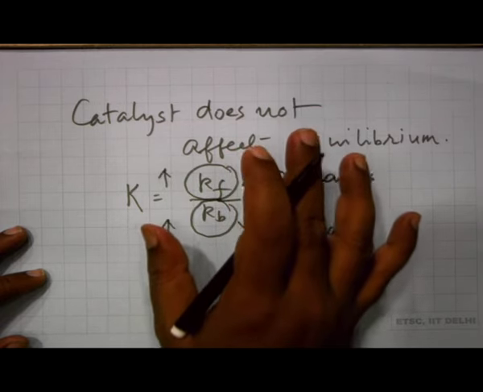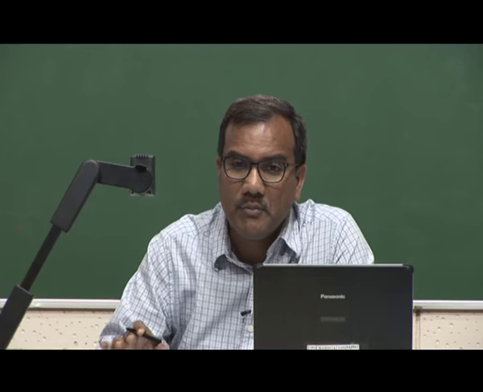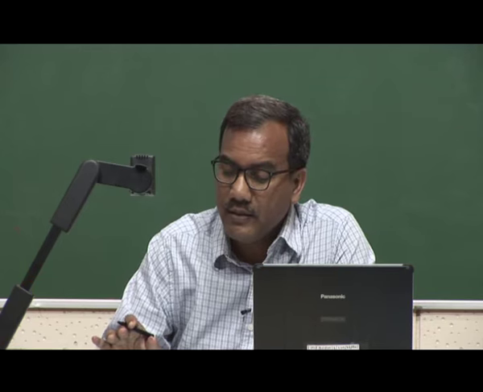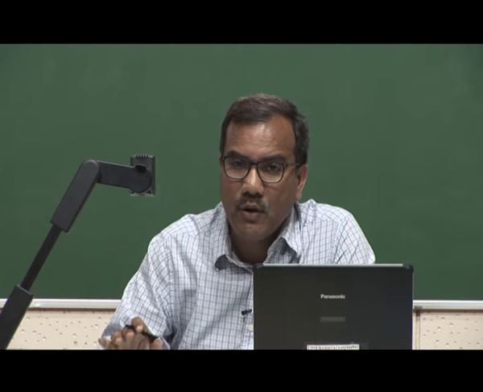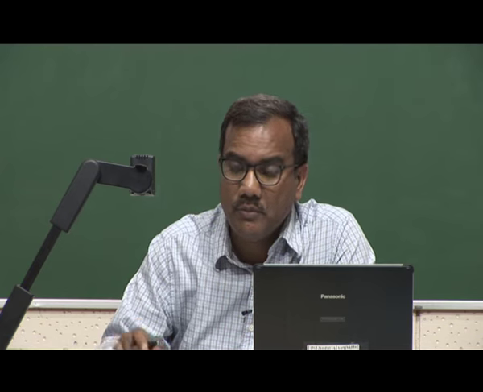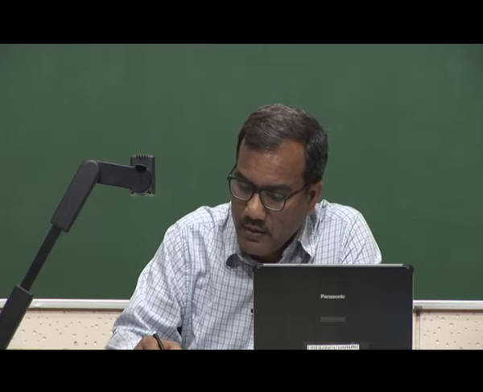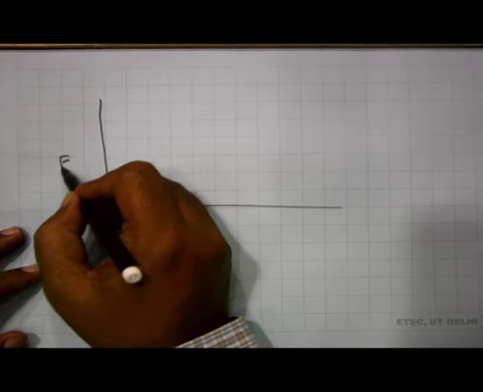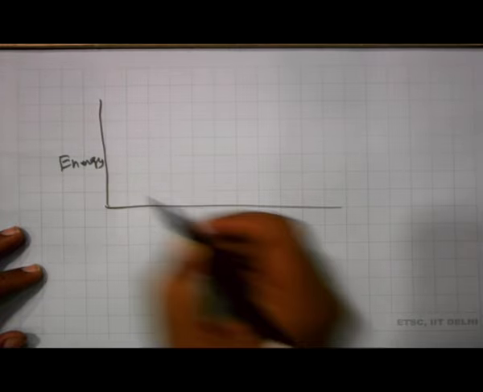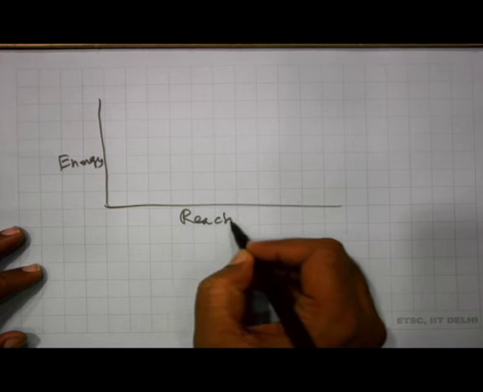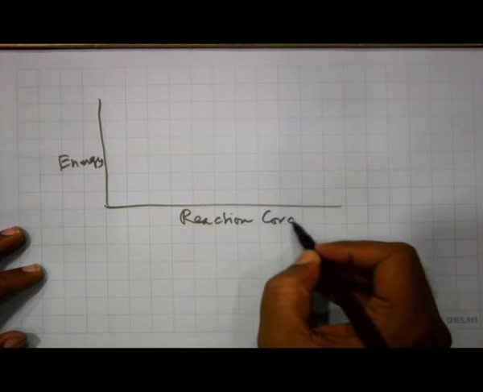Kf by Kb remains constant, and that means that there is no effect of catalyst on the equilibrium. You can understand this from here. So, what happens is that you have energy versus reaction coordinate or extent of reaction.